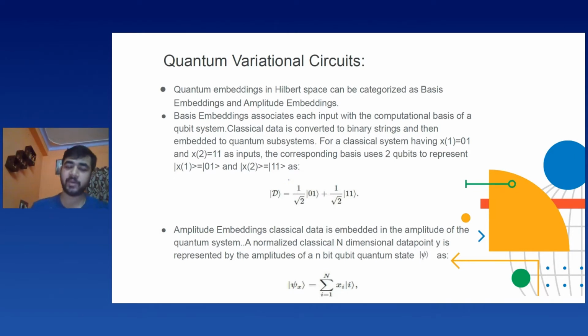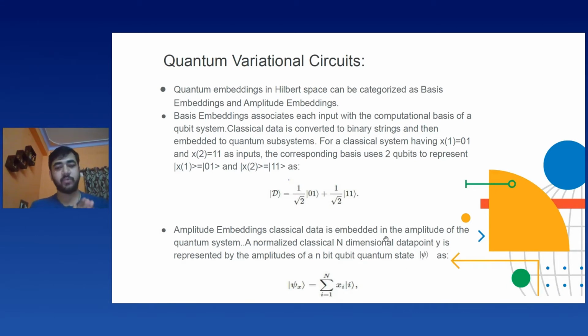We also have amplitude embeddings. Amplitude embeddings are quite interesting because we are embedding the qubit data based on the amplitude of the quantum system. A normalized classical, let's say, n-body data point is represented as a sinusoidal pattern when it comes to qubits. And this is actually very, very important.